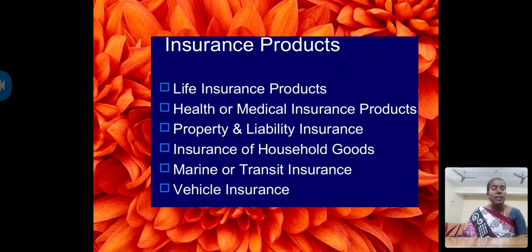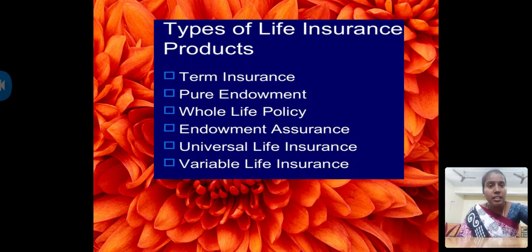So, this topic I will explain in detail in the second unit because these topics are repeated once again in the second unit. Clear? Next, when you come to types of life insurance products: term insurance, pure endowment insurance, whole life insurance, endowment assurance, universal life insurance, variable life insurance.